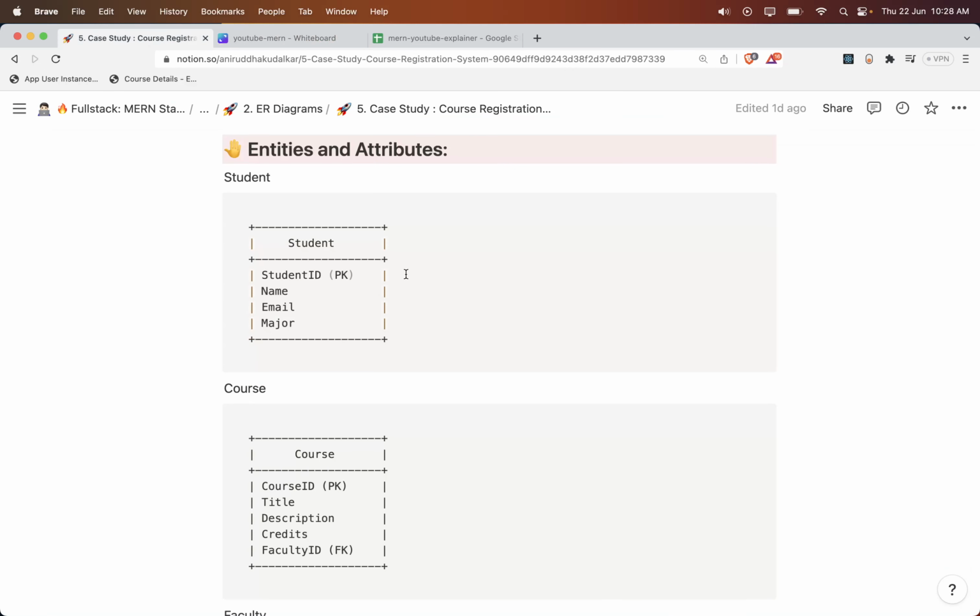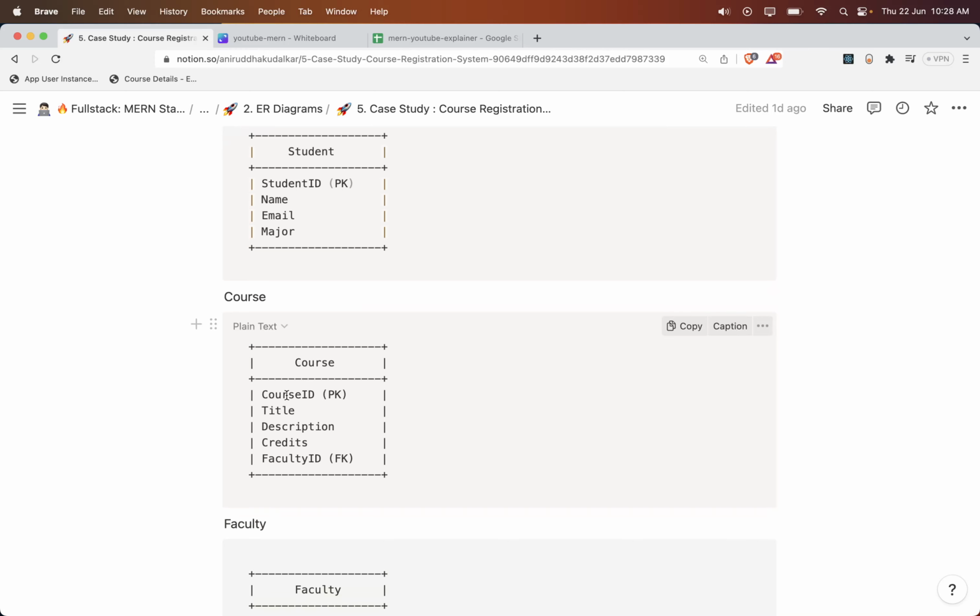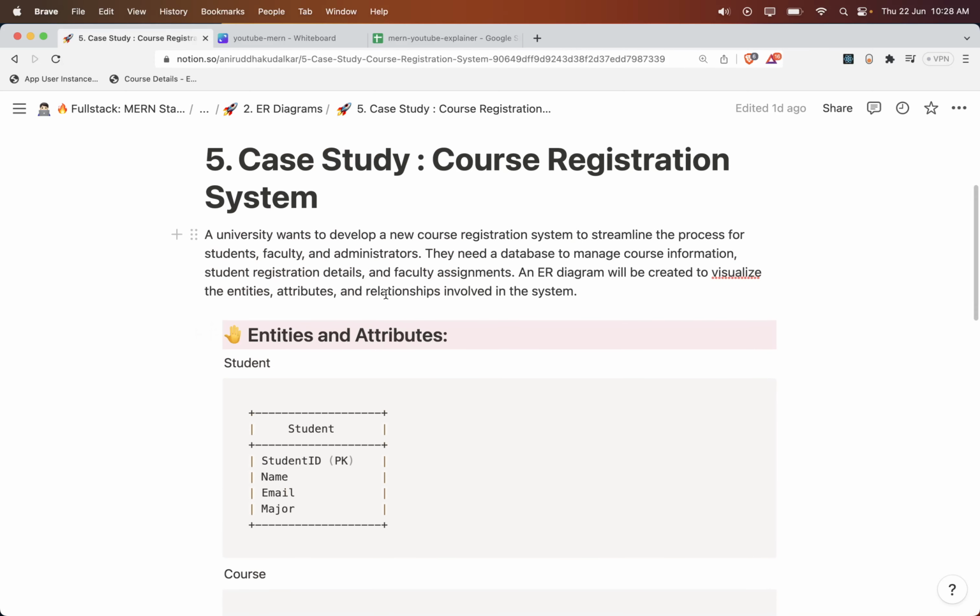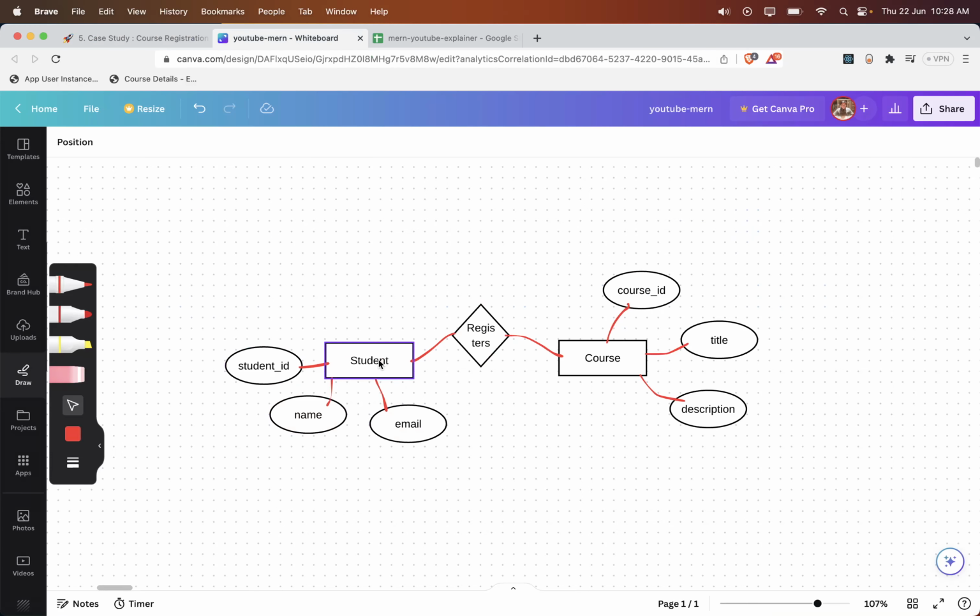So from the case study, if you can see, student would be having these many fields: student ID, name, email, major, then the course ID, title, description, credit. Consider that this is written in the text format, not in this format. It is written something like this, and from that we have created this. So student is there, and this is the attribute, remember that.